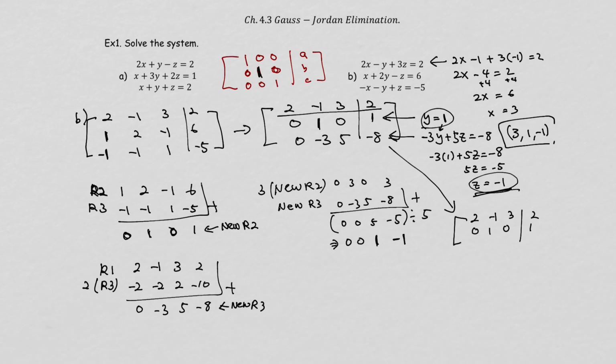And this being solutions row 3, so it will be 0, 0, 1, negative 1, right? That will be the matrix. So Z solutions, negative 1, Y solutions, 1. Using that, plug it in here and find your X, right? Or make this 2, 0 and find your X. It's up to you.